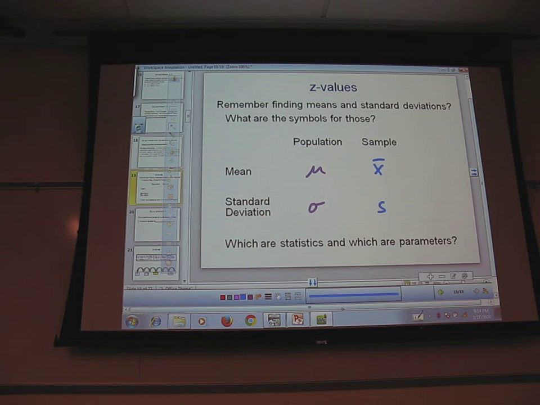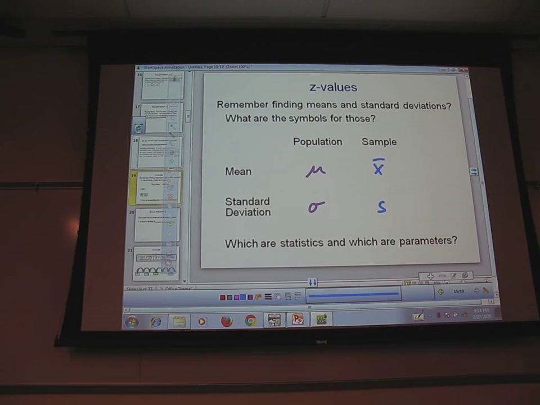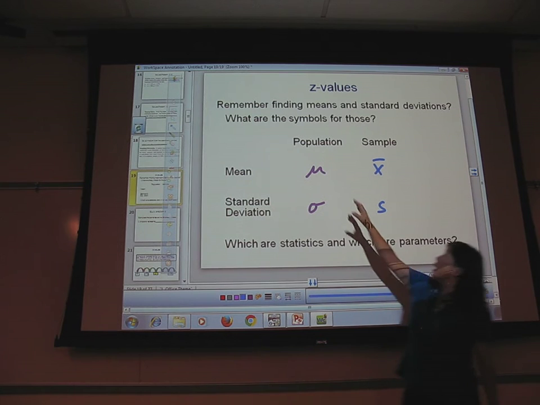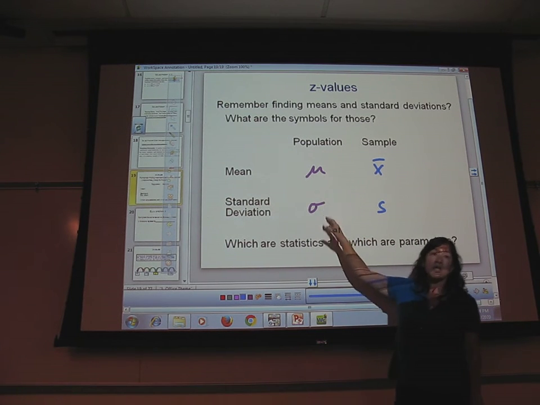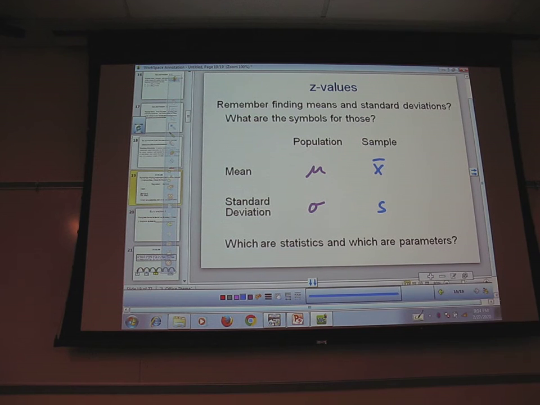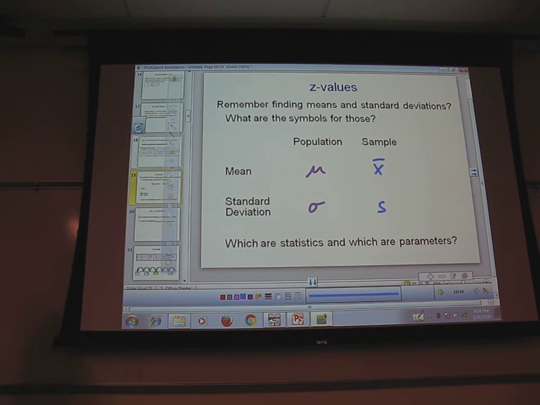S. Because remember, the Greek ones are our population. The non-Greek ones are for our sample. Don't forget parameters. If I say what's the parameter, it should be a population thing, like mu or sigma. It's going to be a Greek letter. So mu and sigma are parameters.